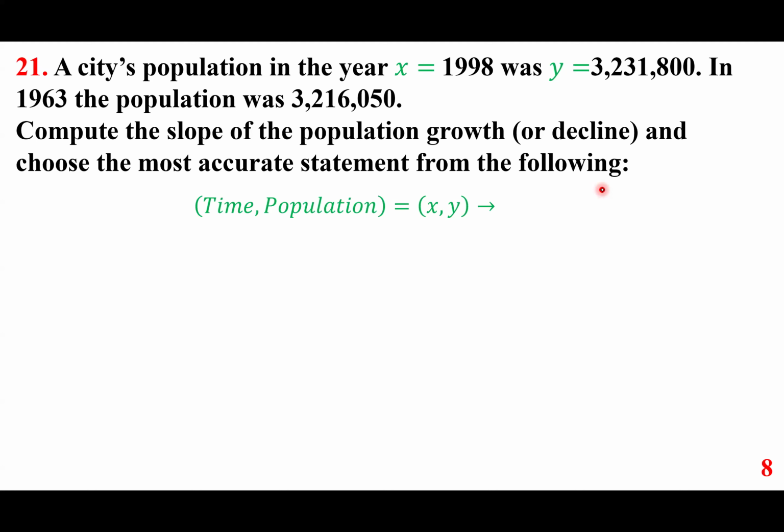So 2 points, x comma y. This is one of them, 1998, 3,231,800, and 1963, 3,216,050. So those are the two pairs, everybody.